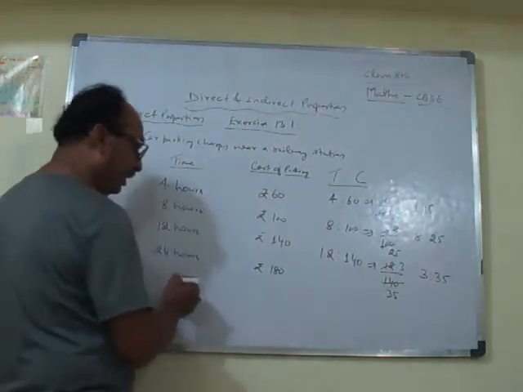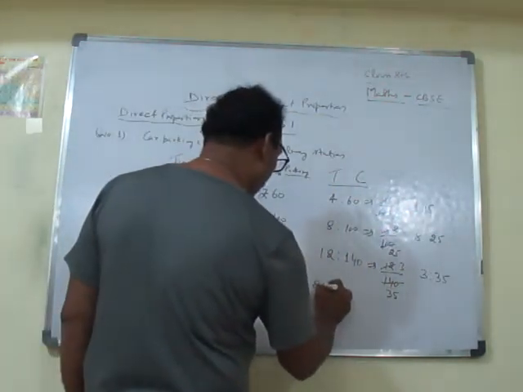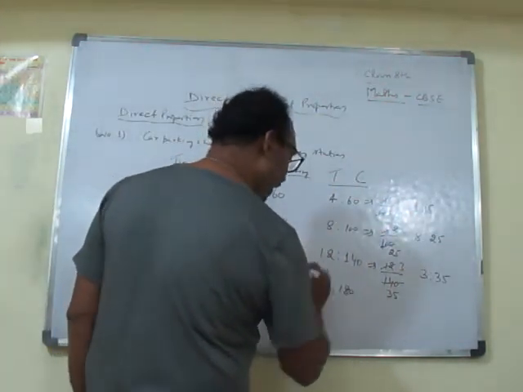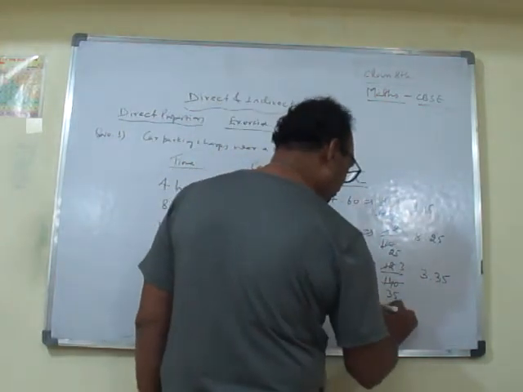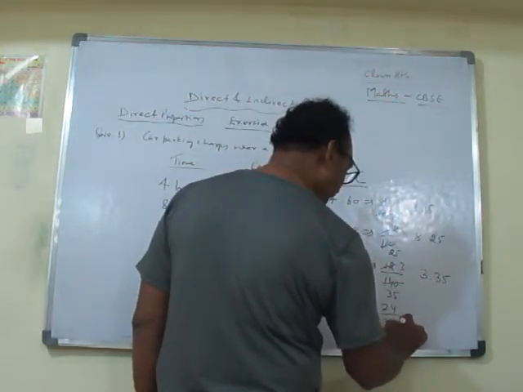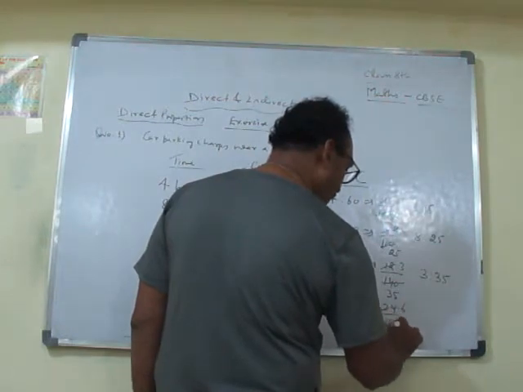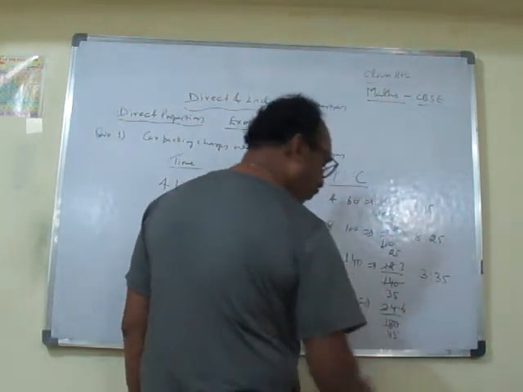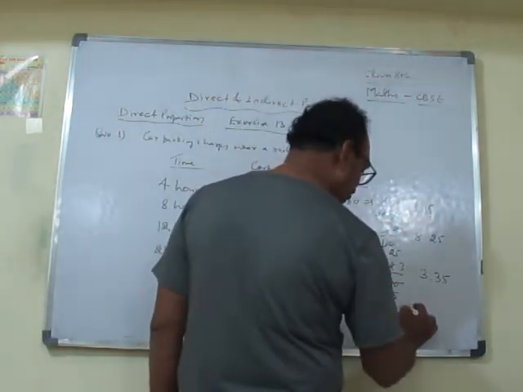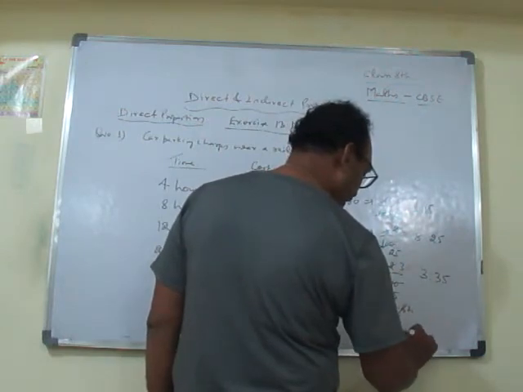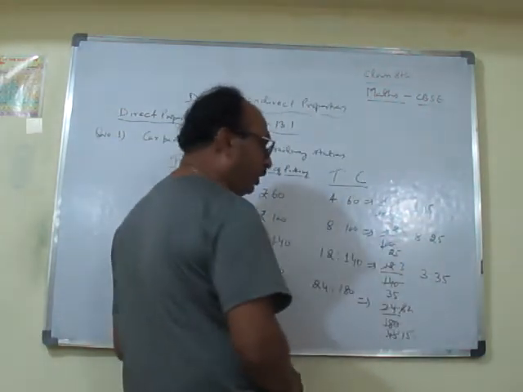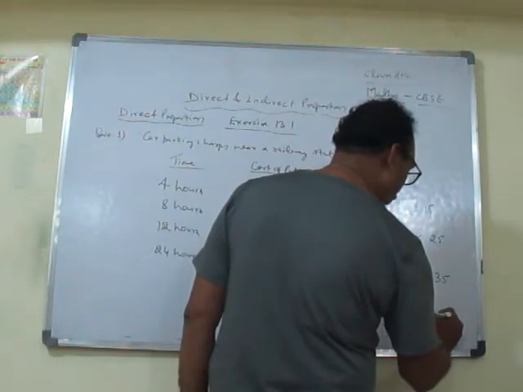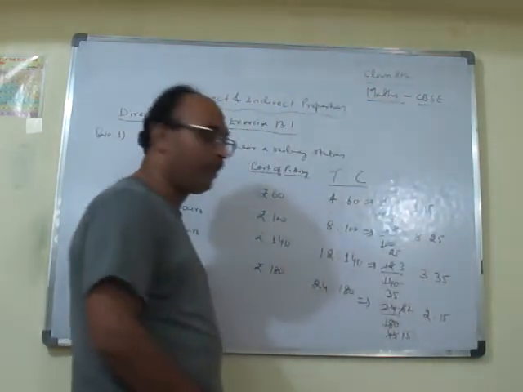And then the next one we go for 24 is to 180, which is 24 by 180. Dividing by 12, 12 twos are 24 and 12 fifteens are 180. So it is giving you 2 is to 15.